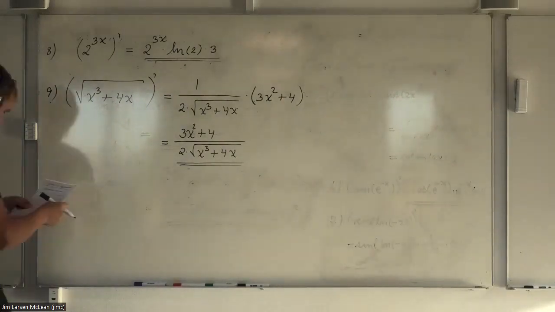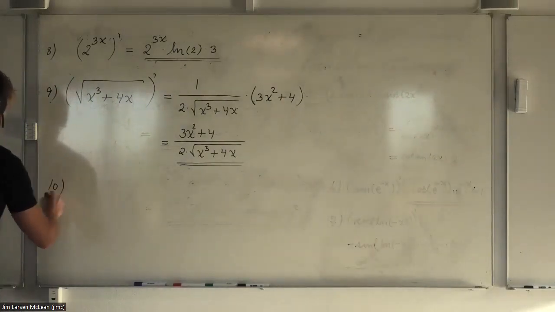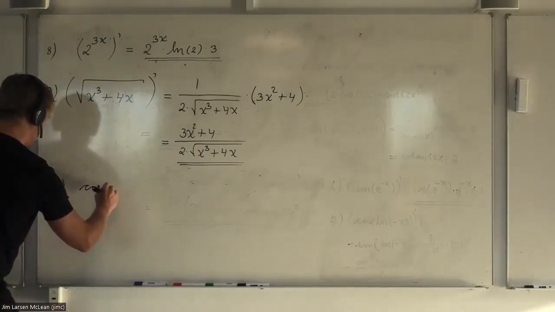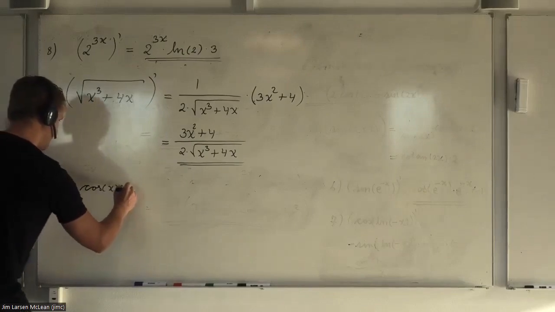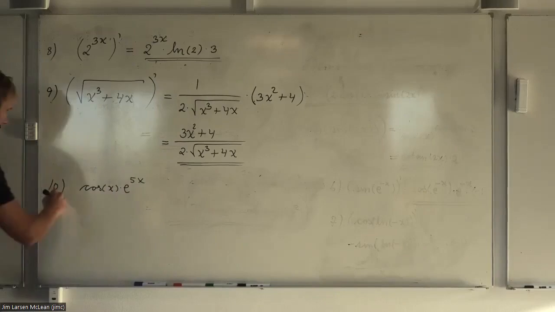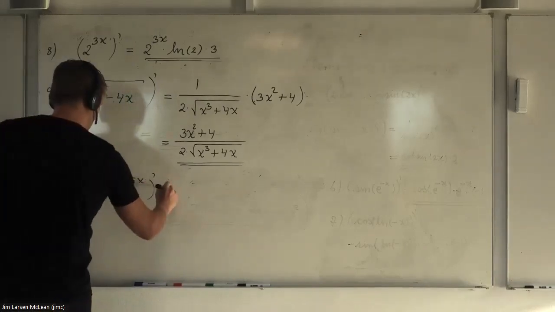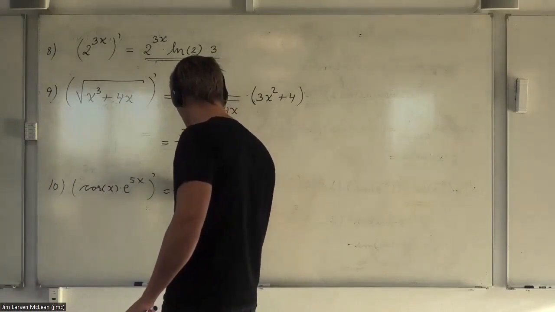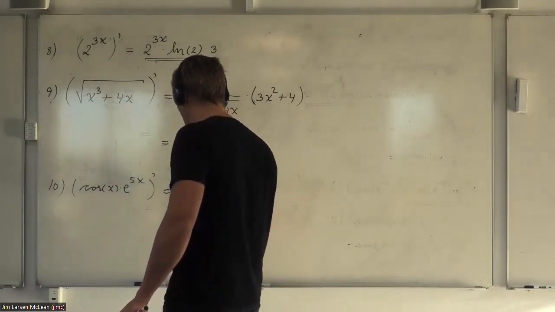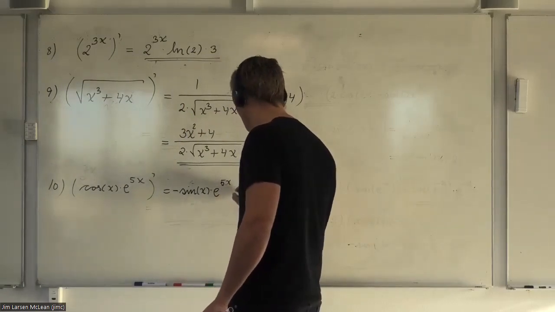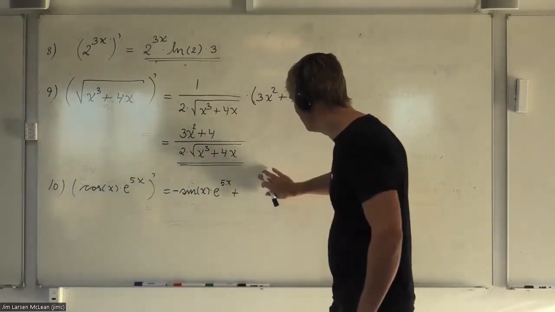Task 10, and then we're halfway. It says cosine of x times Euler's number raised to the power of 5x. So I need to use the product rule. I differentiate the first factor. The derivative of cosine gives minus sine, which I multiply by the second factor untouched, which is e to the power of 5x. Then I write a plus, because the product rule says I should.